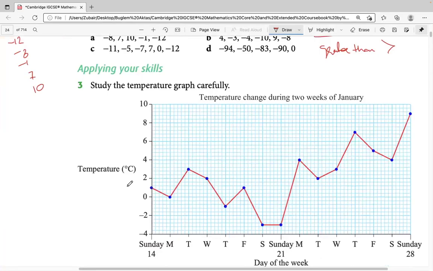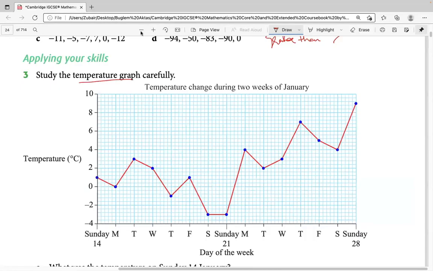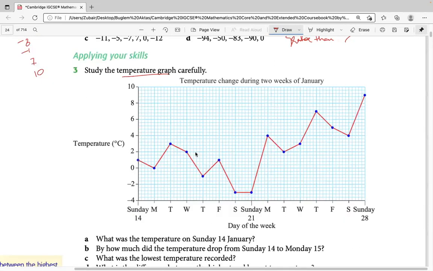Now these are simple reading skills. Study the temperature graph carefully. There are two things from the exam point of view. One is we should understand what the trend is. Generally, I would say that the temperature first falls and then keeps rising, so it is basically a dual trend.